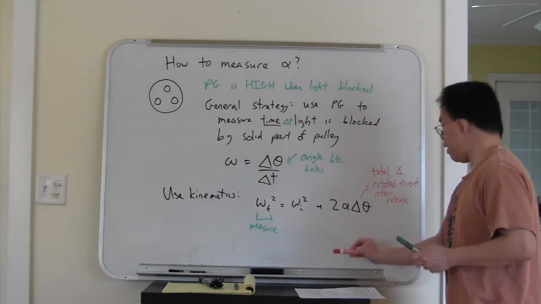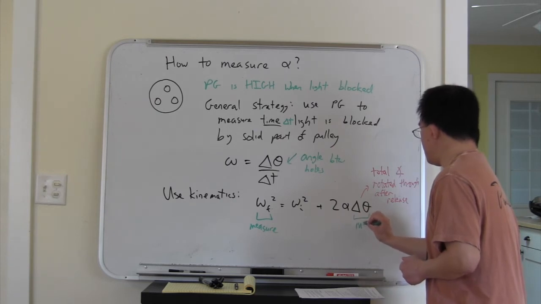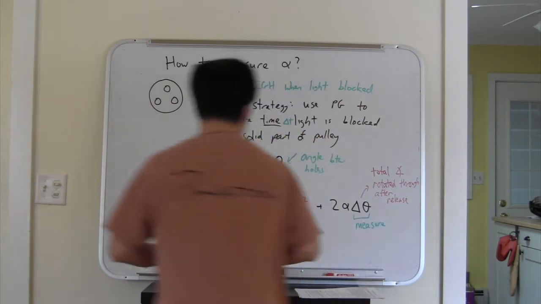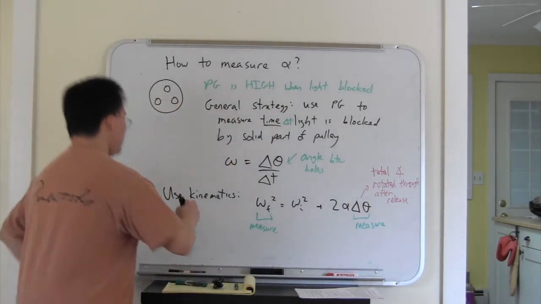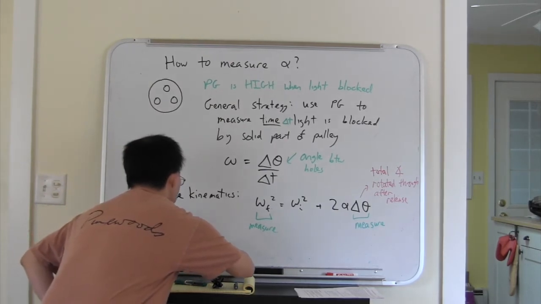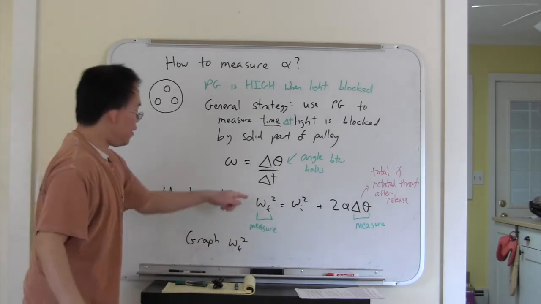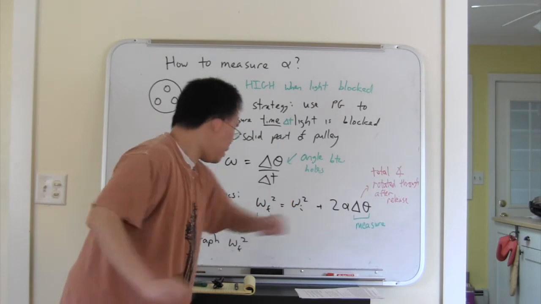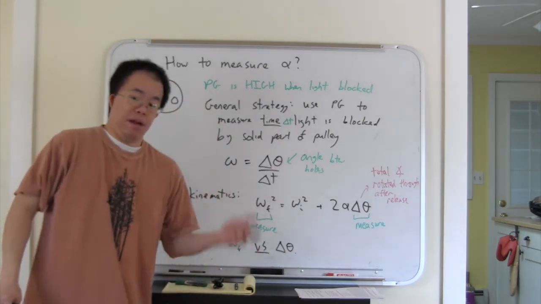If I can measure that as well, and then do some graphing, so if I graph omega final squared versus delta theta, we have a linear model.